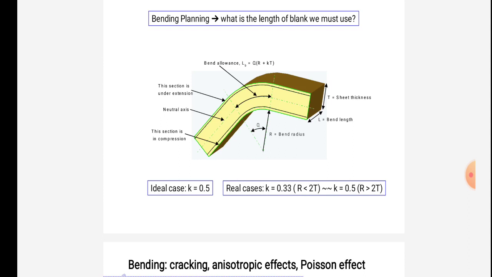R is the bend radius, alpha is the angle of the bend, length L is the bend length, and T is the sheet thickness.